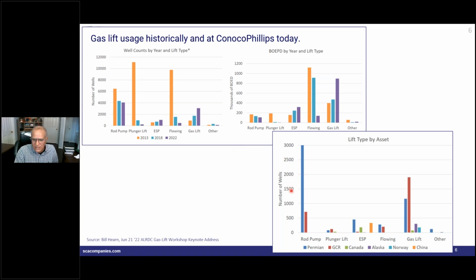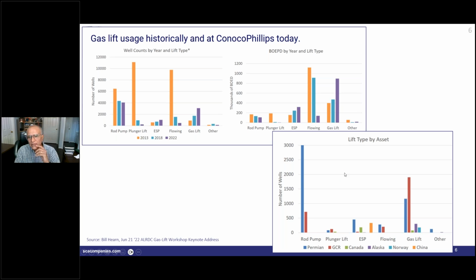And when we look at their distribution of different lift types in different global assets, whether it's Permian or Gulf Coast region, Canada, Alaska, Norway, or China, again, what we are seeing is that next to rod lift, which is predominant in the Permian, gas lift has a higher penetration not only in Permian, but also in the Gulf Coast region and in the other regions also, particularly when you look at Alaska.